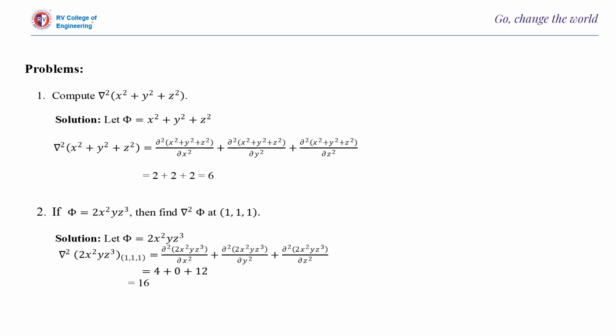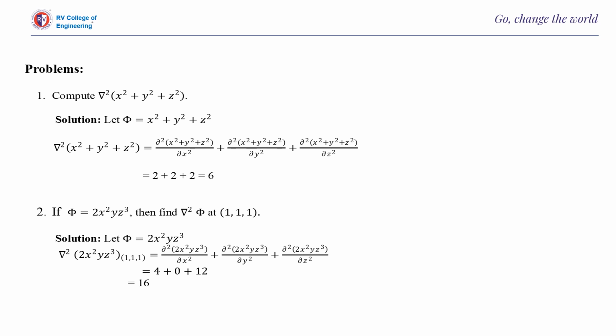So it gives us dou squared by dou x squared of x squared plus y squared plus z squared, plus dou squared by dou y squared of x squared plus y squared plus z squared, plus dou squared by dou z squared of x squared plus y squared plus z squared.